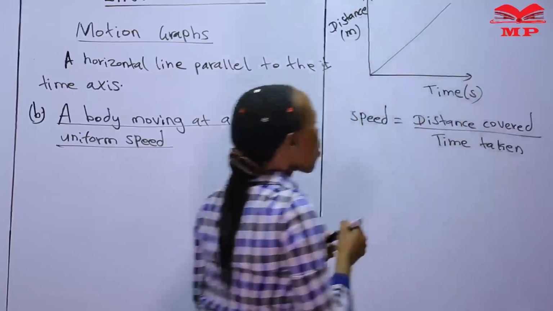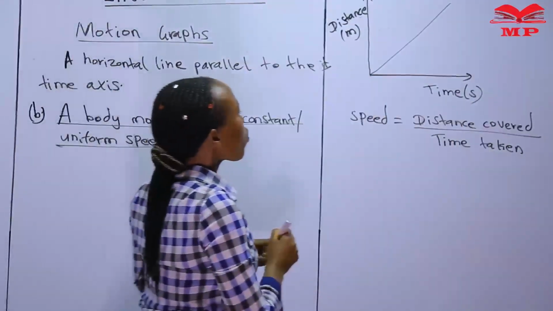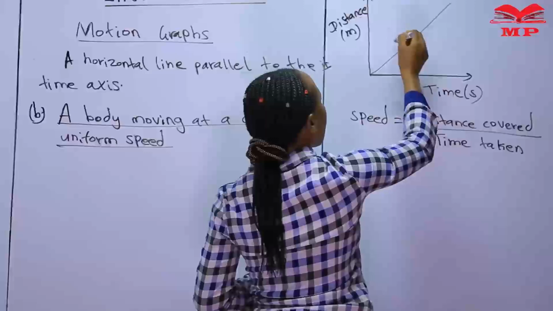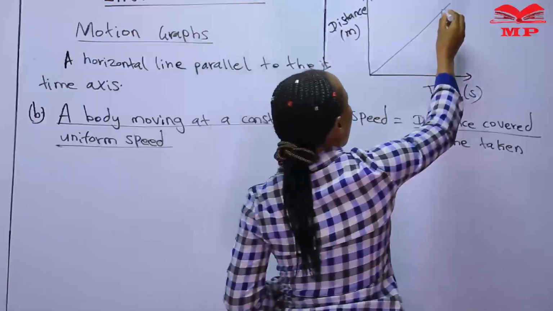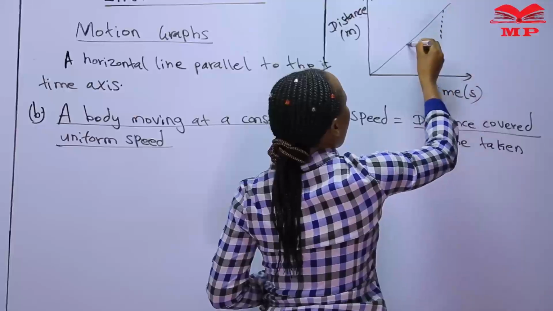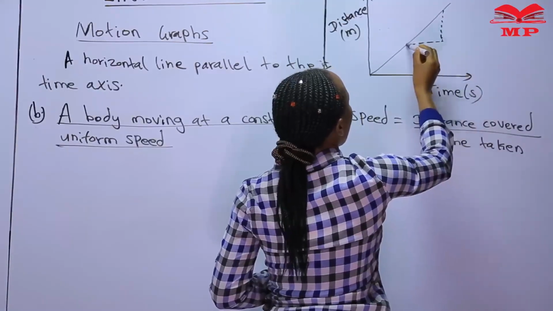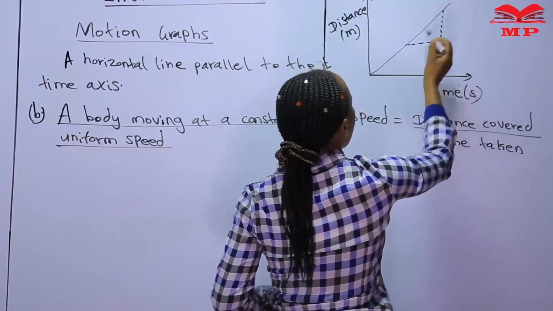And therefore, from this graph, we can see very well that if we want to calculate the gradient or the slope of this graph, let's say we read this point and this other one.